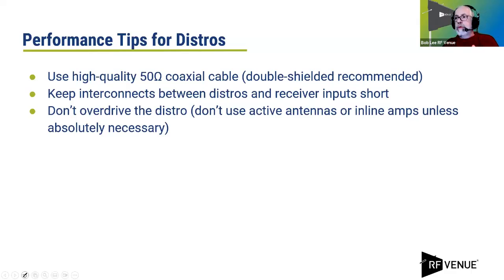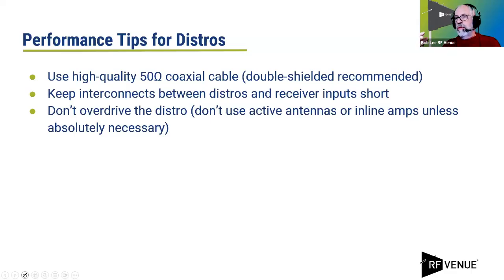So, contrary to popular myth, it doesn't happen in the air, it doesn't happen in antennas, or in passive circuits or coax cable or something like that. It only happens in a circuit that's somehow nonlinear. Now, that's typically an active circuit, like in a distro or the front end of a receiver, maybe, that's overdriven into nonlinearity.